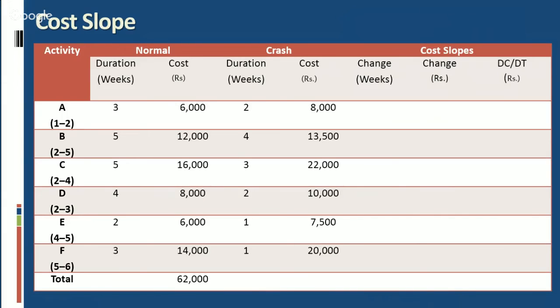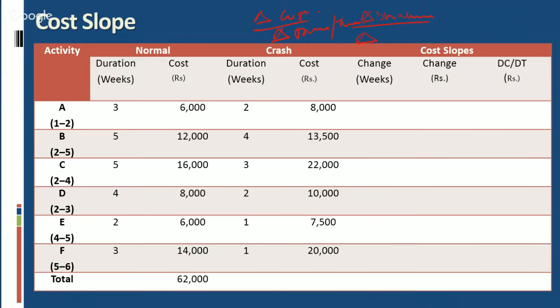Now we will calculate the activity cost slope. Activity cost slope is the change in cost divided by the change in duration or time.